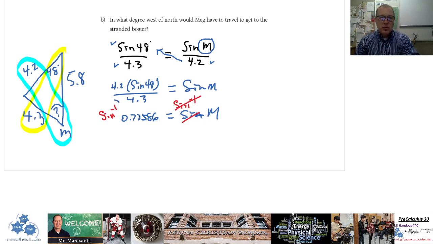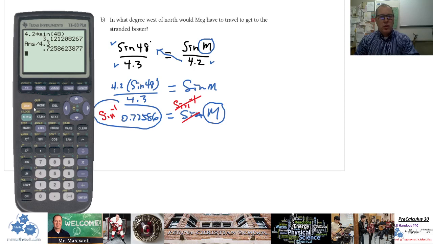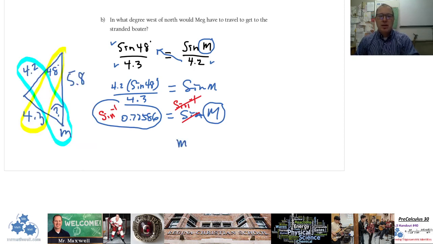So then we're going to do this on our calculator, and that's going to equal m. So I'm going to do second function sine of this answer. I've got it on there already. Use the answer function. Boom, 46.54. M should be 46.5 degrees, or if you're rounding, you can go to 47 degrees.